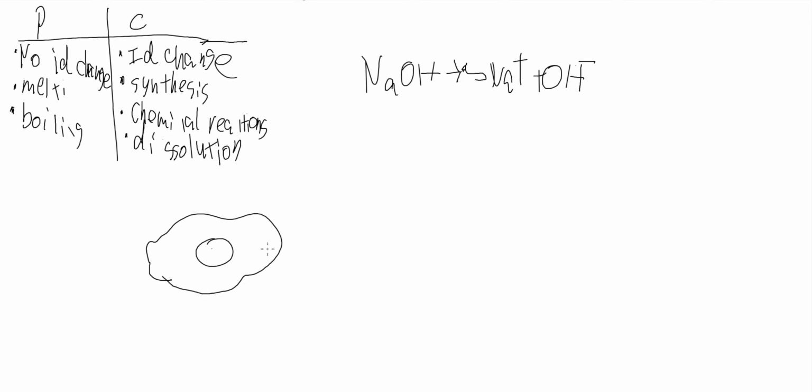This is a chemical change, right? However, if you take the same pan and you put an ice cube on it, the ice cube will melt and then the resulting water will boil. That is a physical change.